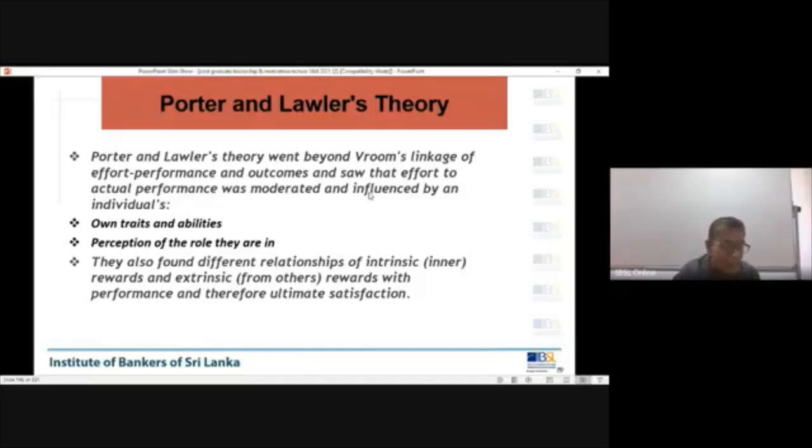The second expectation: once I complete that particular activity or job, I expect to get a reward. The third: the reward I'm going to get is reasonable for my effort. So those are my three expectations. That is how Porter categorically described all these things.